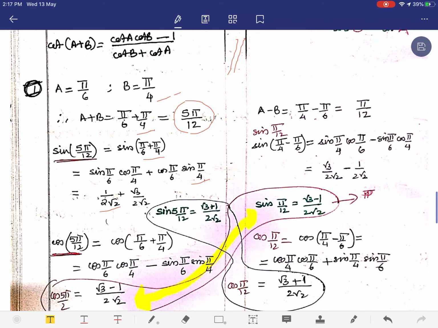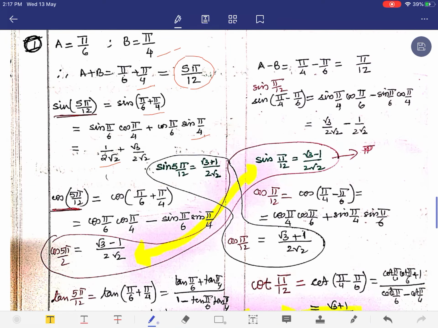Now, similarly, we can find the ratio for the cosine function also. So, it is in the form of cos of A plus B. Now, cos of A plus B is cos A cos B minus sin A sin B. Now, A is pi on 6, B is pi on 4.